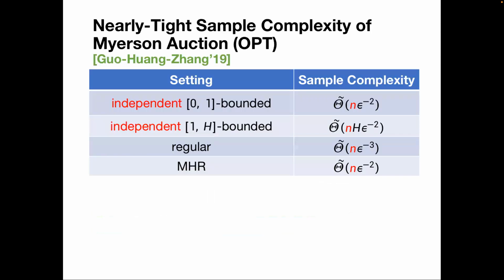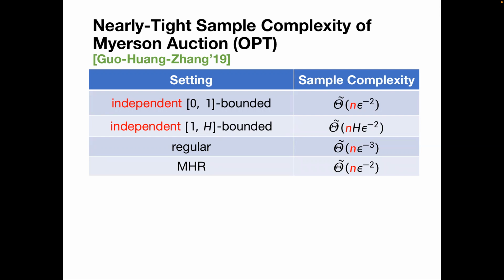Okay, let me give a summary of previous work about the sample complexity of Myerson auction. There is a long line of works studying this problem, and the nearly tight sample complexity was finally settled in the work by Guo, Huang, and Zhang in 2019.